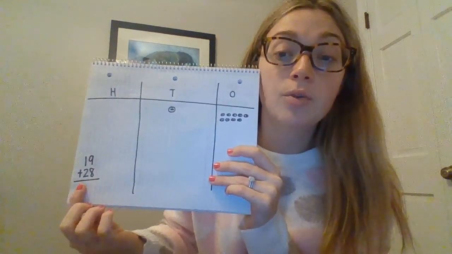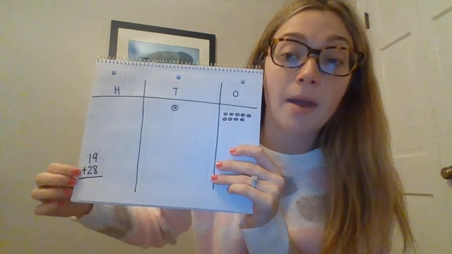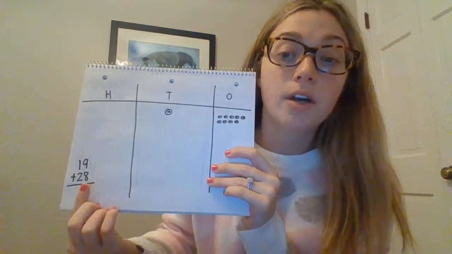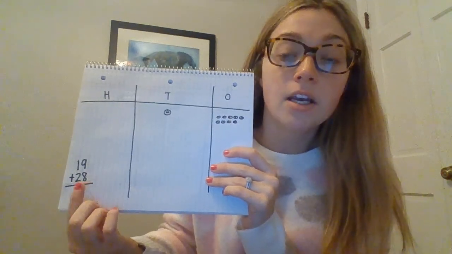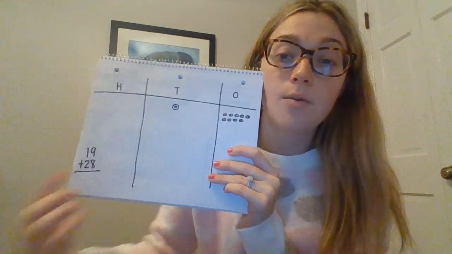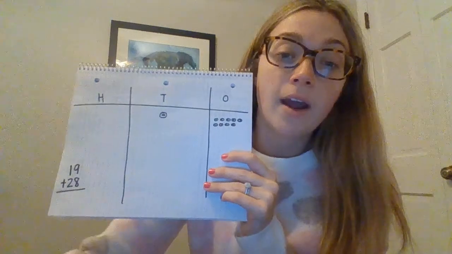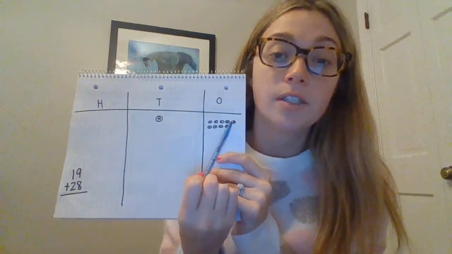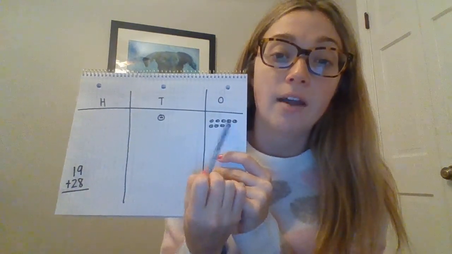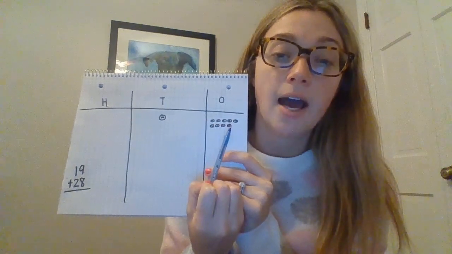Now, I'm going to have to add place value chips because I am adding. When I add, I always start with my ones. So I'm going to start by adding 8 ones to my ones column. Right here, you can see I've put them in rows of 5, so I can easily say 5, 6, 7, 8, 9.